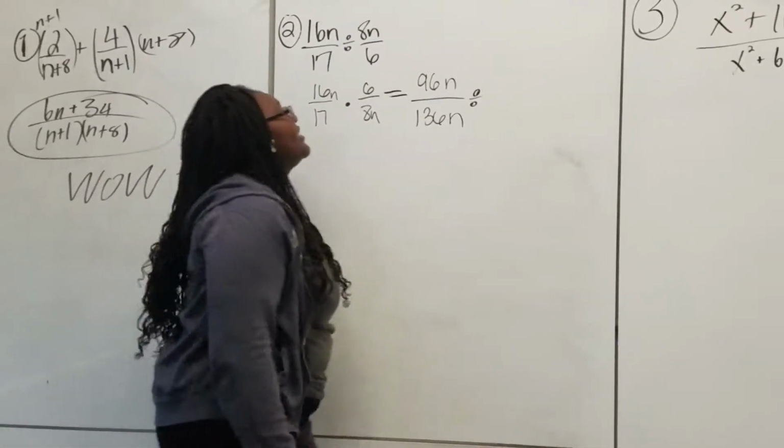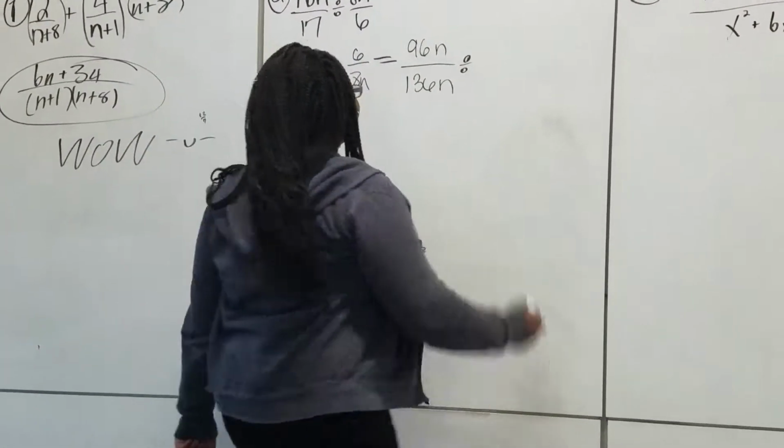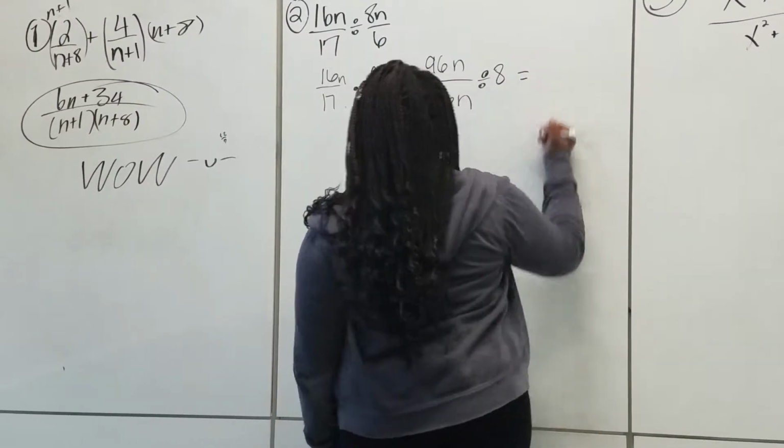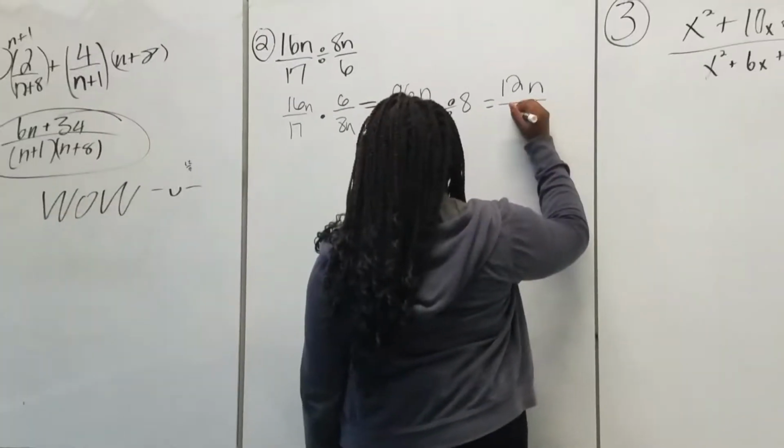So what number goes into 96 and 136? 8. Divide by 8, and the number you get is 12n over 17n.